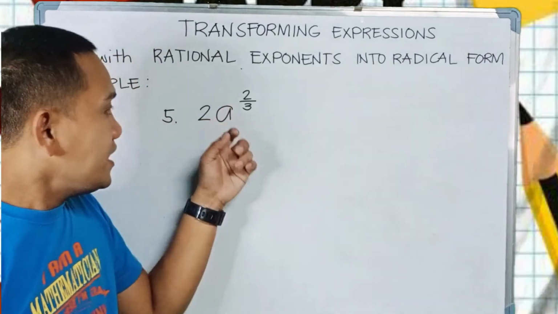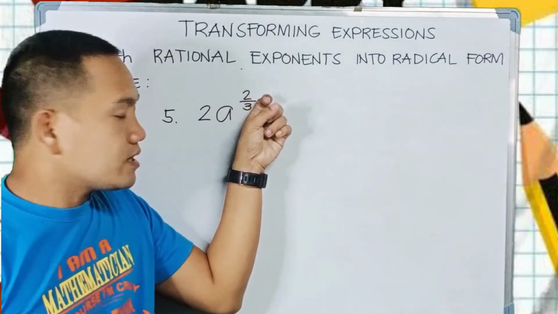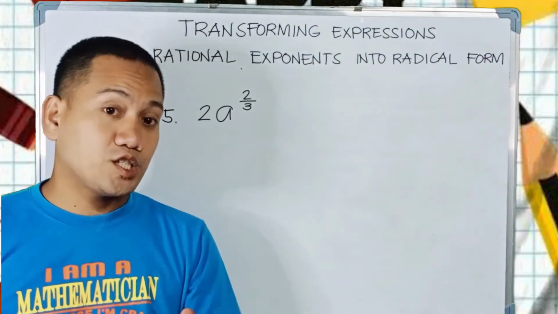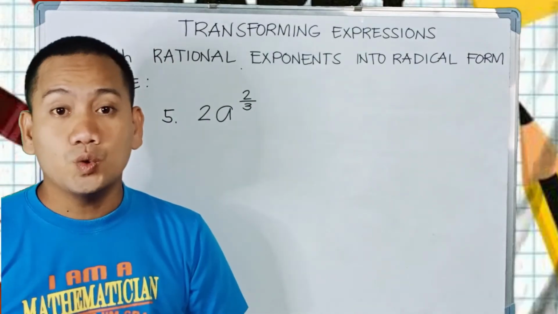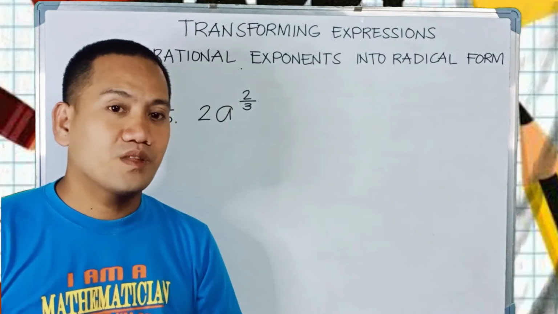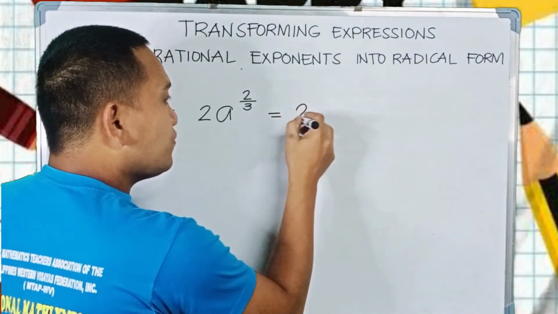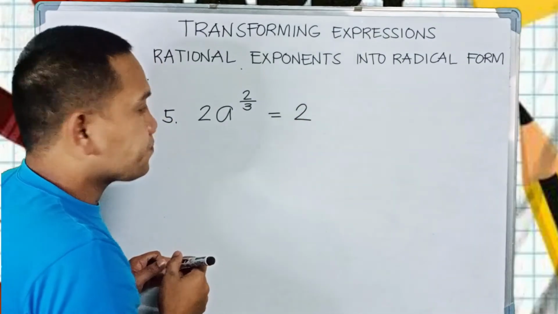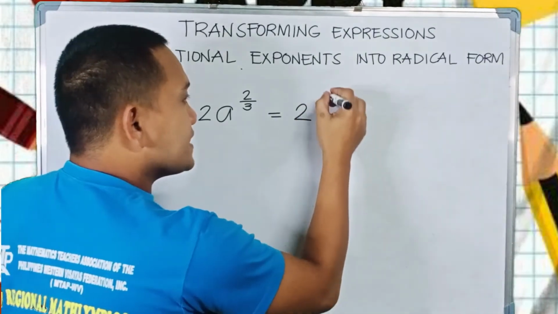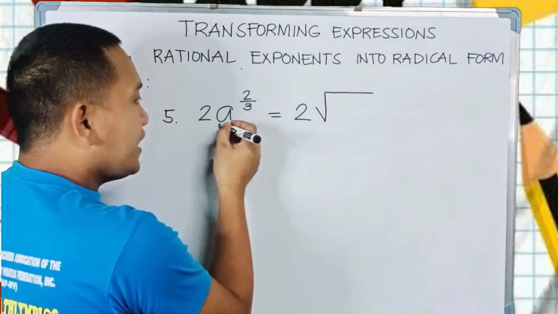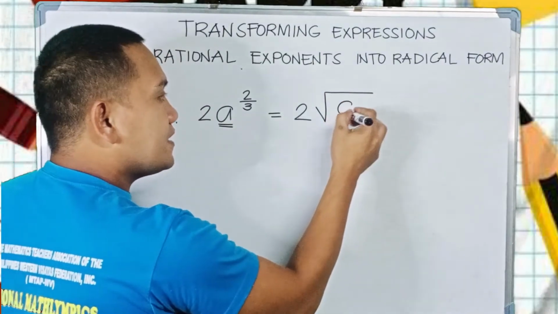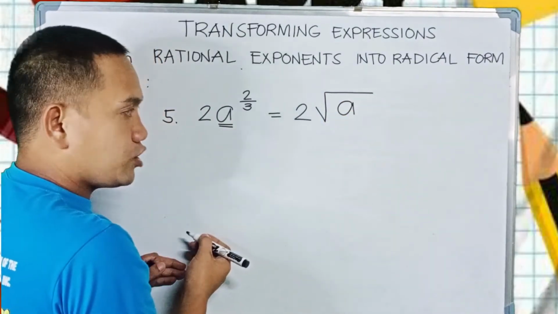Again, a is raised to our rational exponent, and this is the only expression that will be transformed into radical form. So we will have to copy our numerical coefficient, which is equal to 2. Then we will have our radical symbol. A will serve as the radicand of our radical expression.